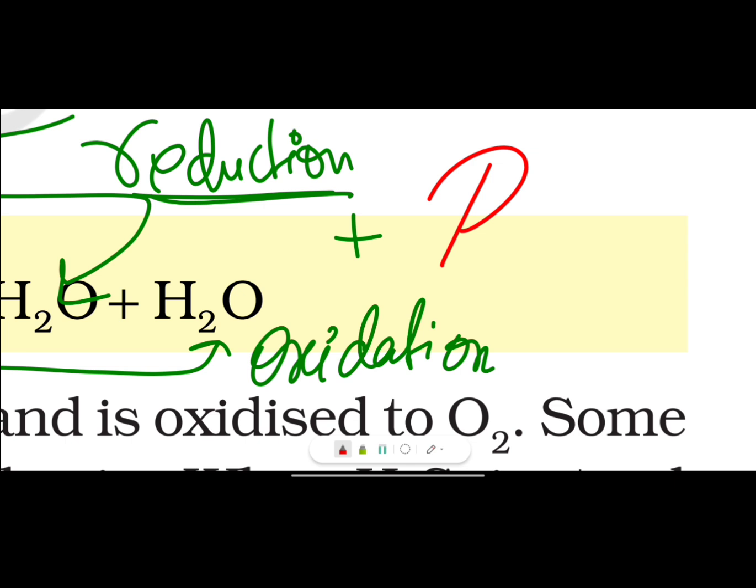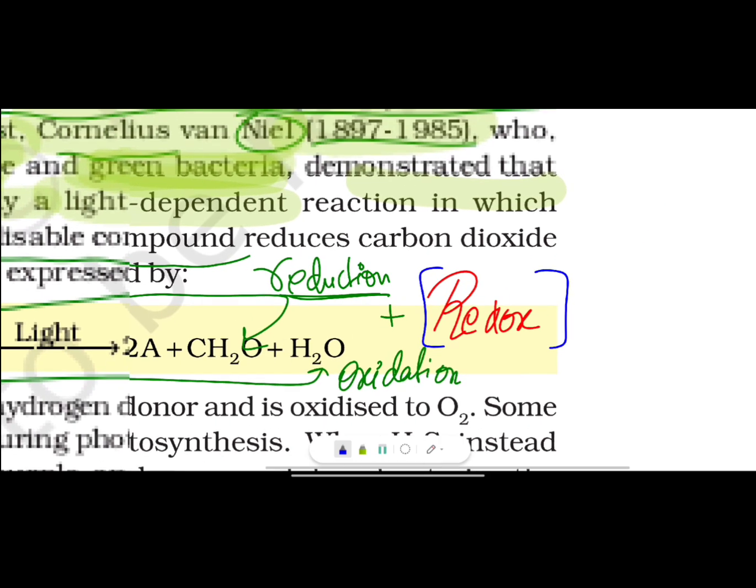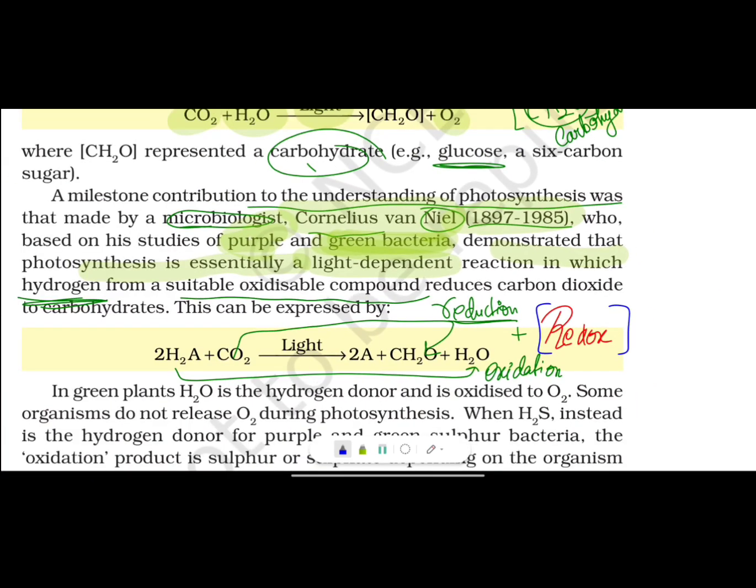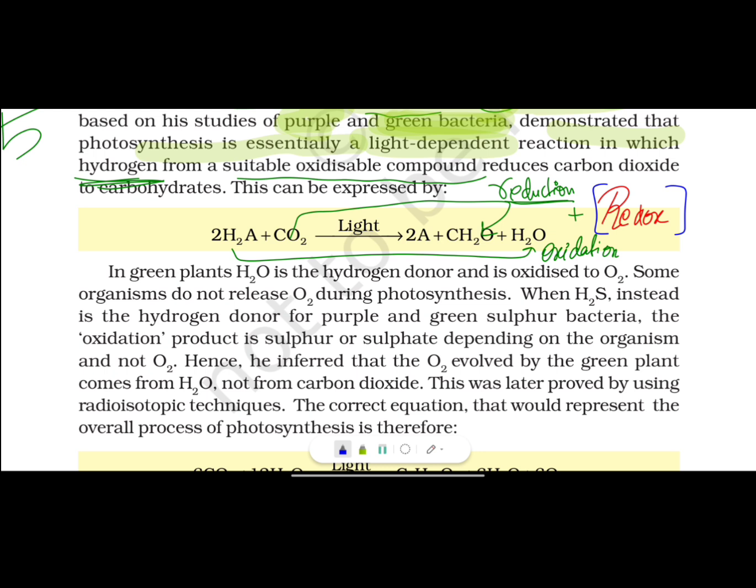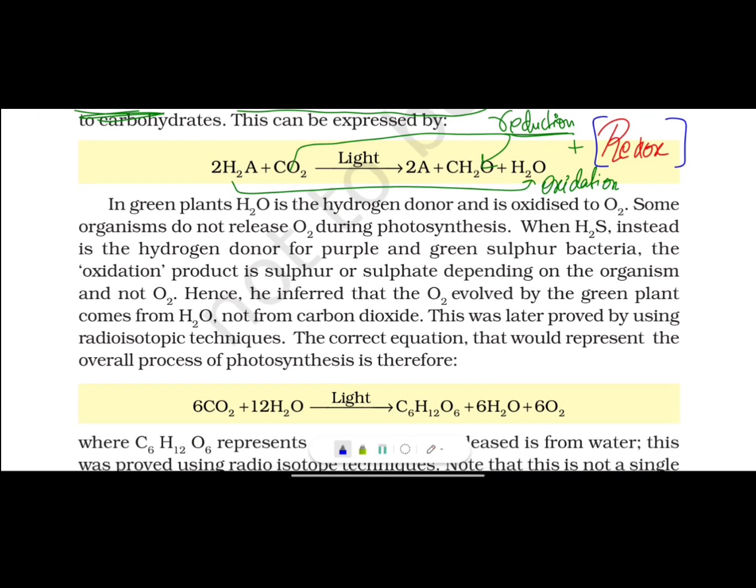As you will have guessed, it's nothing but a redox reaction. Another question could be whether photosynthesis is an example of reduction, oxidation, or redox reaction. The answer is that it's known as the redox reaction.